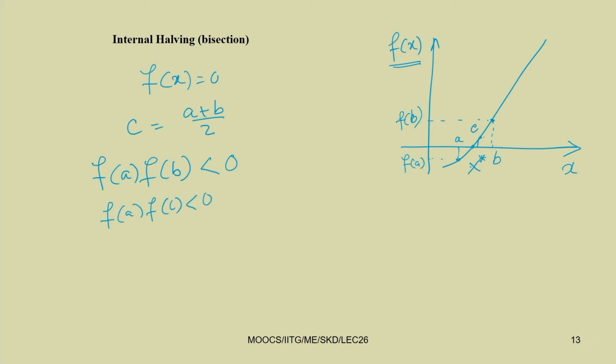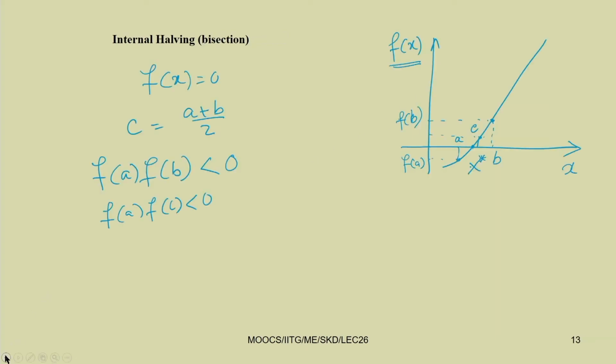If it is between A and C, then f(A) into f(C) must be less than 0. This point is already on the positive side, so f(B) into f(C), you can easily find, is positive.